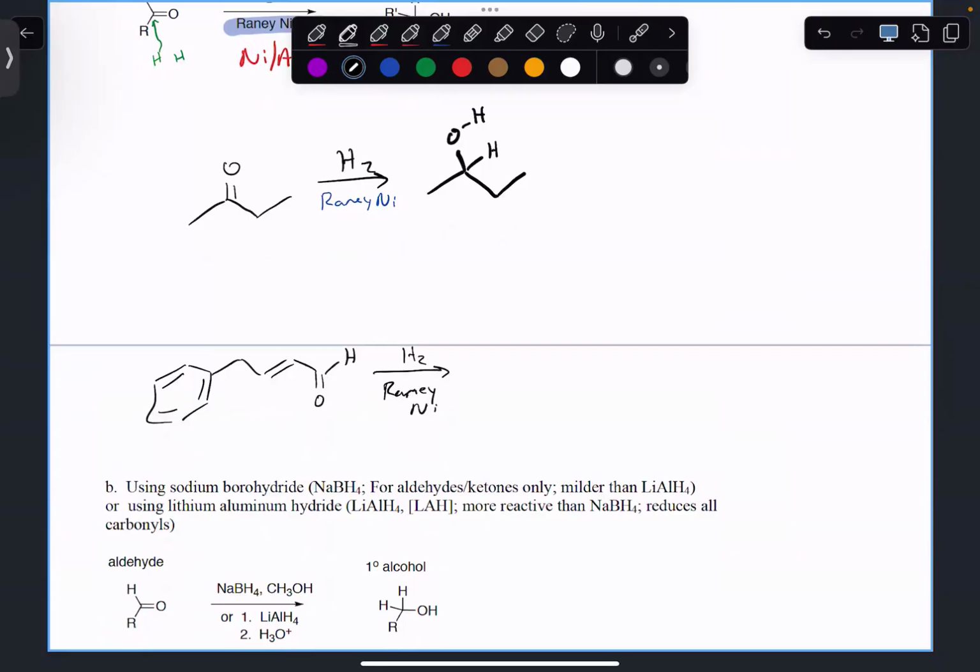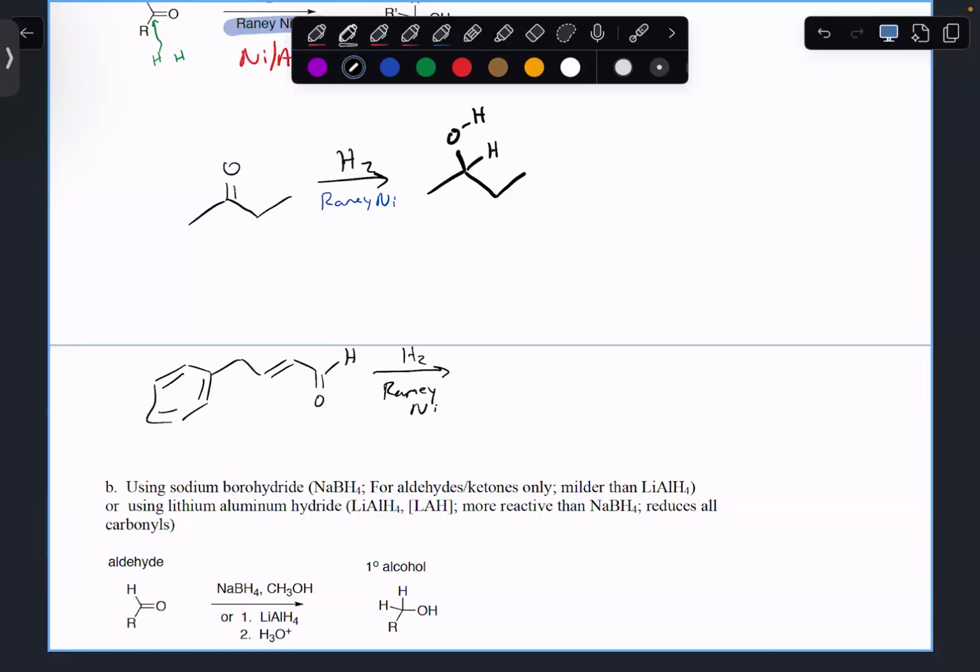What about this next example? What do you think? Are we going to be able to reduce the benzene ring under these conditions?